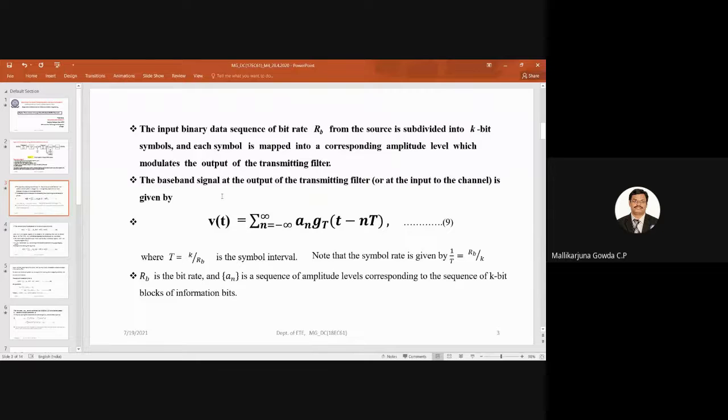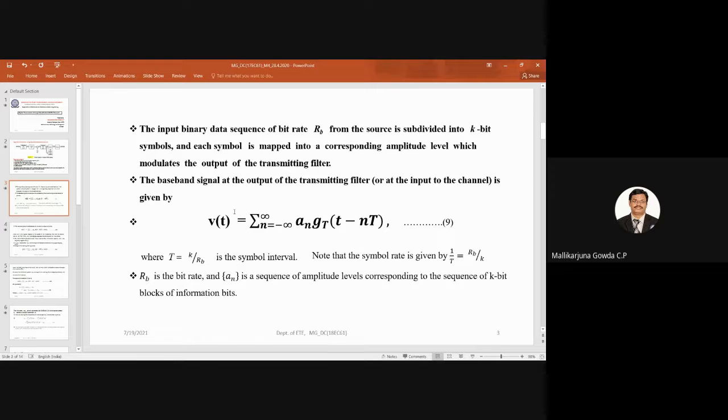So this is the output of the transmitting filter, and this will be given as input to the channel. As I said, R_B is the bit rate, and a_n is the sequence of amplitude levels corresponding to the sequence of k-bit blocks of the information bits. Are you able to visualize this signal?